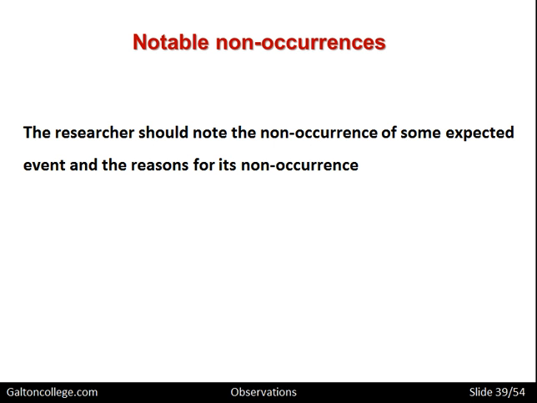Sometimes events are expected, and when they don't happen, some reason must be sought as to why they don't happen, and the researcher in an observational context is better placed to find out why something did not happen, as well as why things did happen. So it's a situation where the researcher is able to pick up on non-occurrence the same as occurrences.